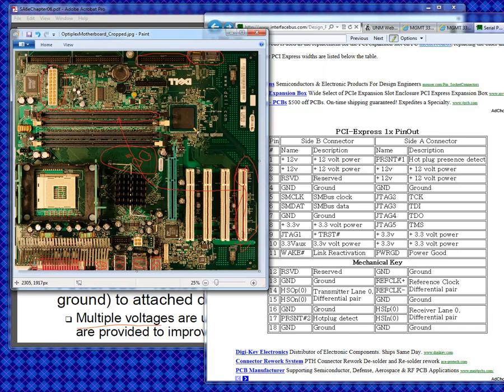Now, in fact, the connectors in a PCI Express motherboard would actually be a little smaller than these because there's fewer of these needed. But see each of these vertical lines there? Think of that as one electrical contact, and these are the signals that travel across those contacts. Side B would be on the left side of this, and side A would be on the right side of this.